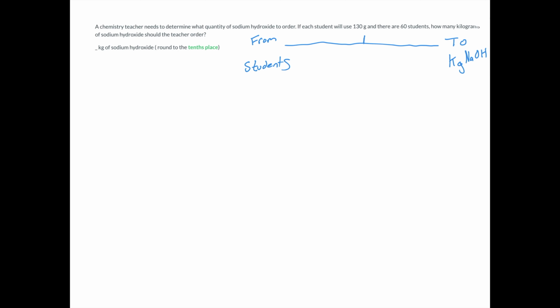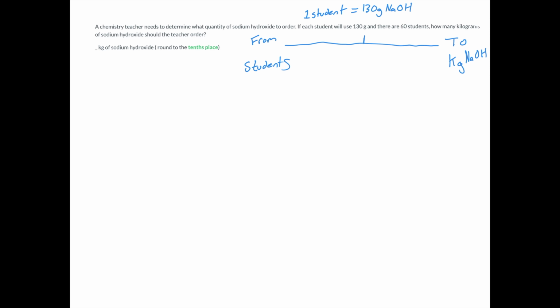And what the problem is giving me is a conversion factor for one student, where it says each student will use a specific amount of chemical, and that being 130 grams of sodium hydroxide, or NaOH, which is how we abbreviate that.